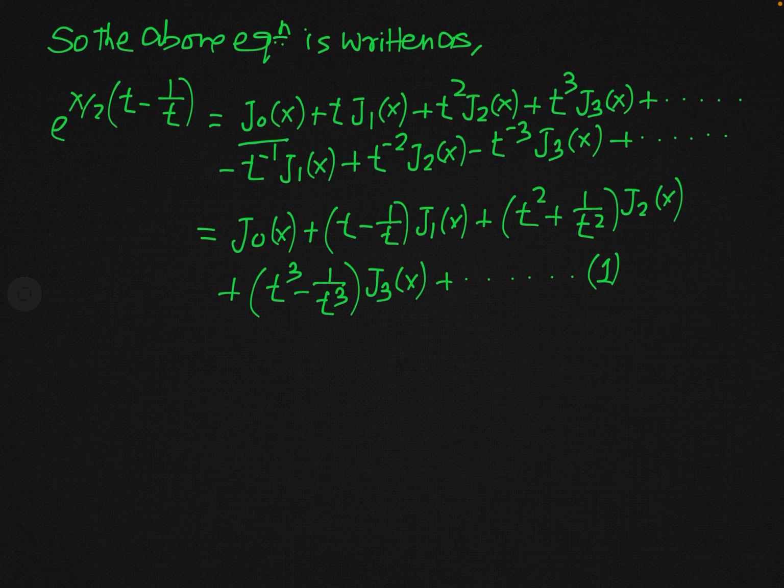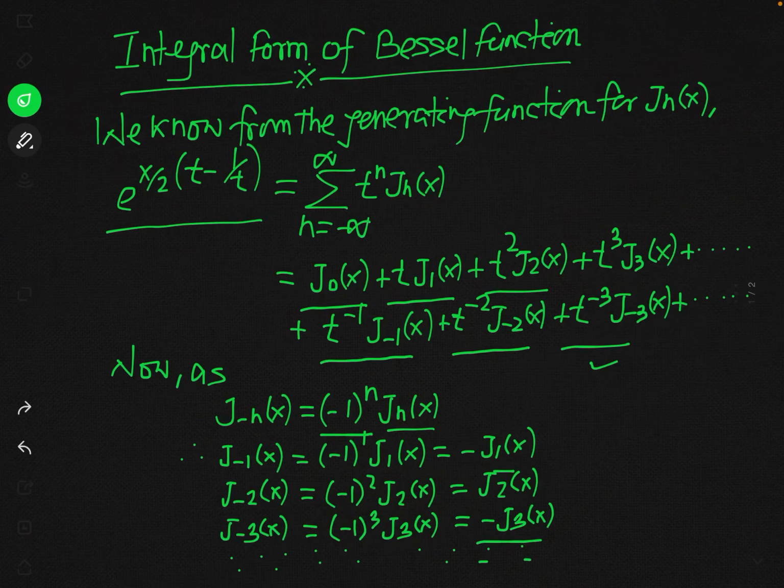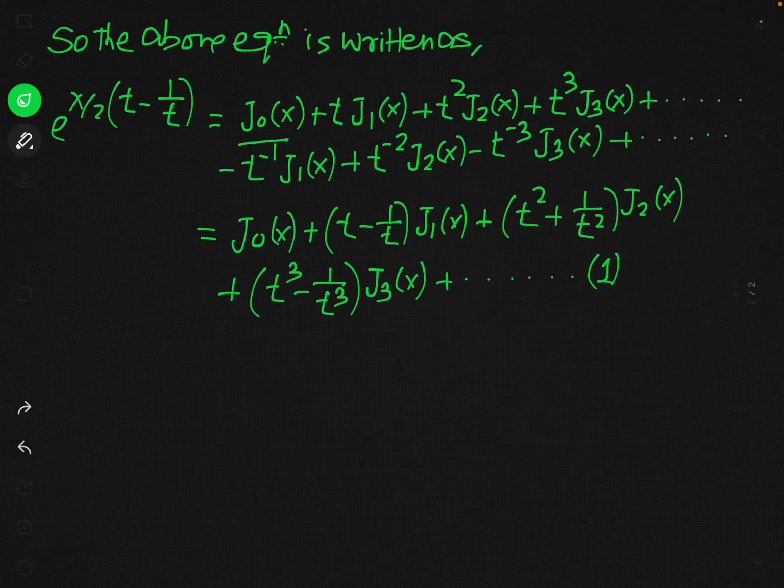And when we substitute the values which we have defined here for J minus n of x, you can see this will be simply minus t raised to the power minus 1 J1 of x plus t raised to the power minus 2 J2 of x minus t raised to the power minus 3 J3 of x and so on.